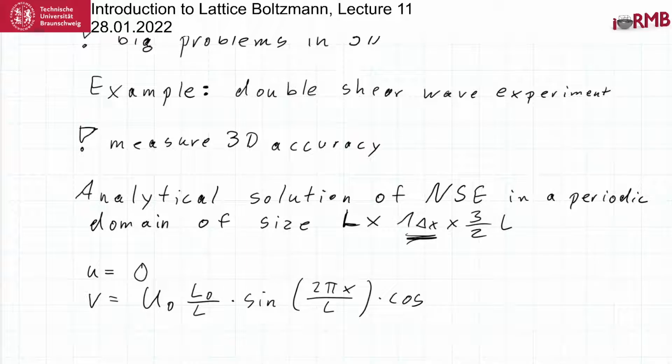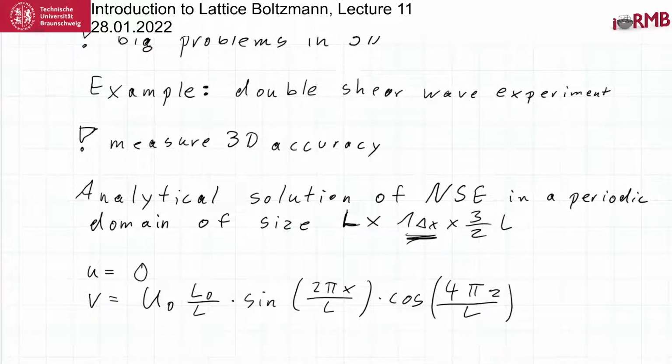This is why it's called double shear wave, because it's sine times cosine. Now what you observe is that the velocity in y direction varies in x and in z direction. This is why we call this a shear wave.